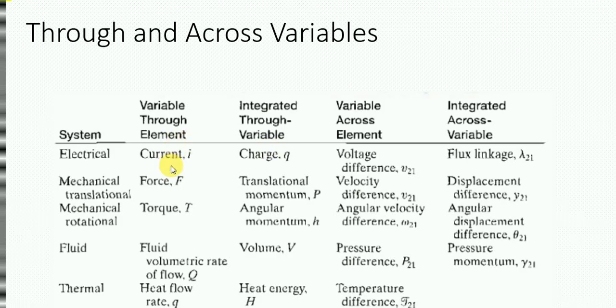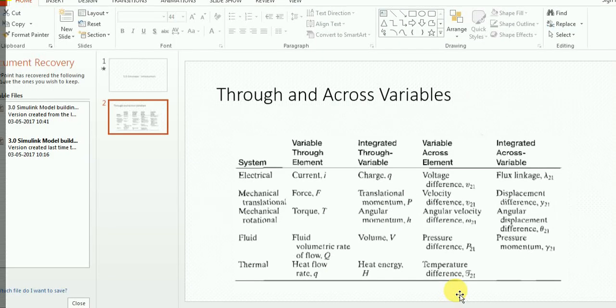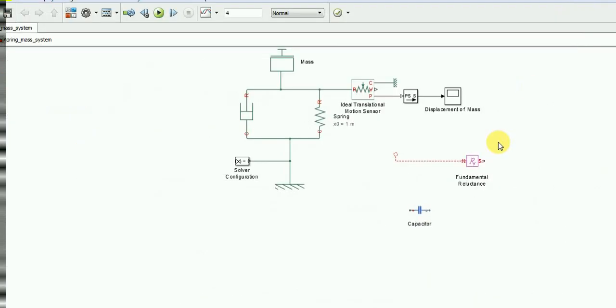While in electrical, the through variable is current and the across variable is voltage. The current is due to voltage difference. The force is due to velocity difference. You can say that. The heat flow Q is due to temperature difference. So this is the reason why we can't connect components from different domains directly.